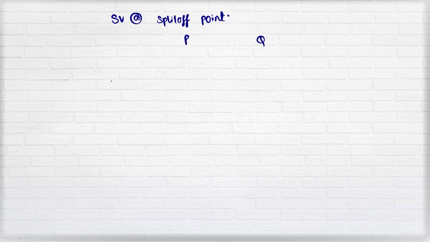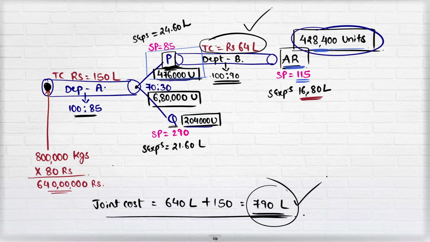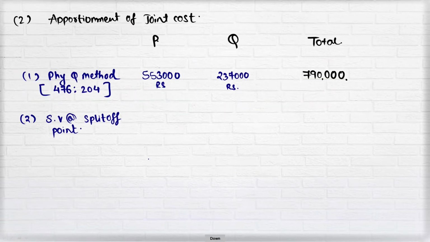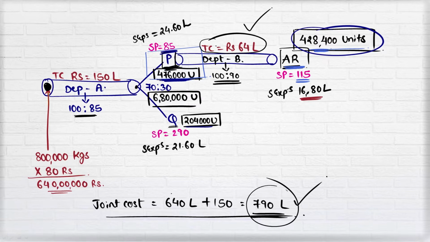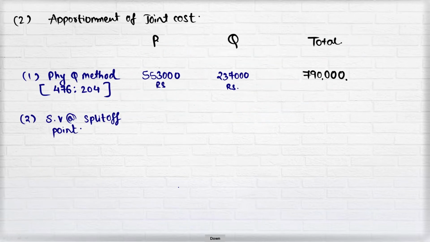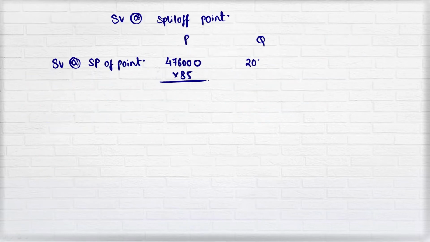P and Q. What is the sales value at the split off point? P will be 4,76,000 into 85. 4,76,000 into 80. And Q will be 2,04,000 into 290. 2,04,000 into 2.